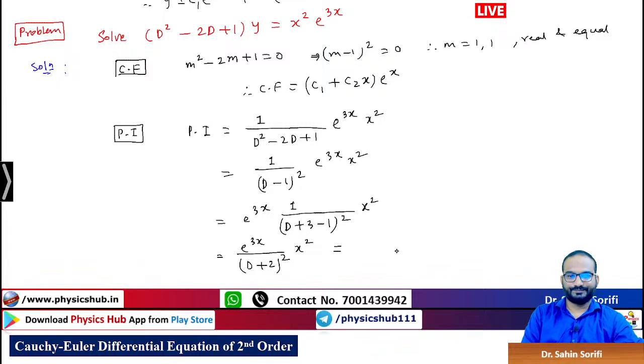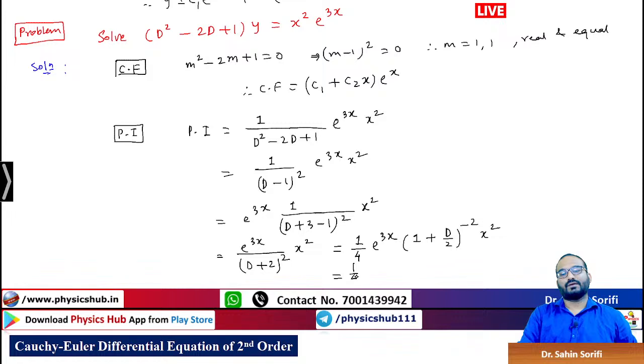So what do you get if you expand it? If you take 2 common, so 1 upon 4 e to the power 3x and (1 plus D by 2) to the power minus 2 x square.